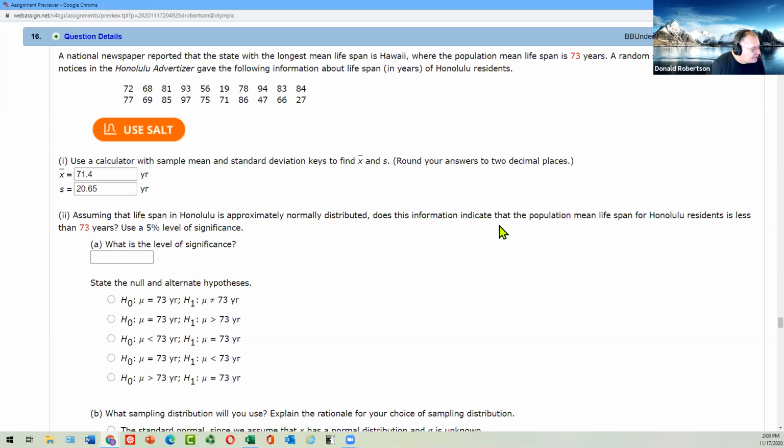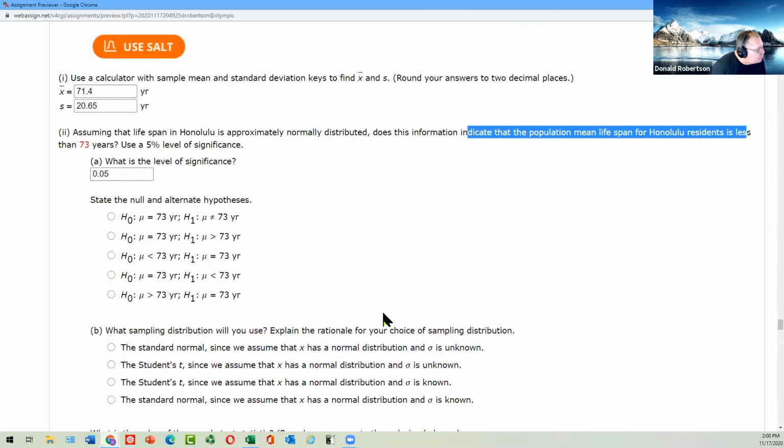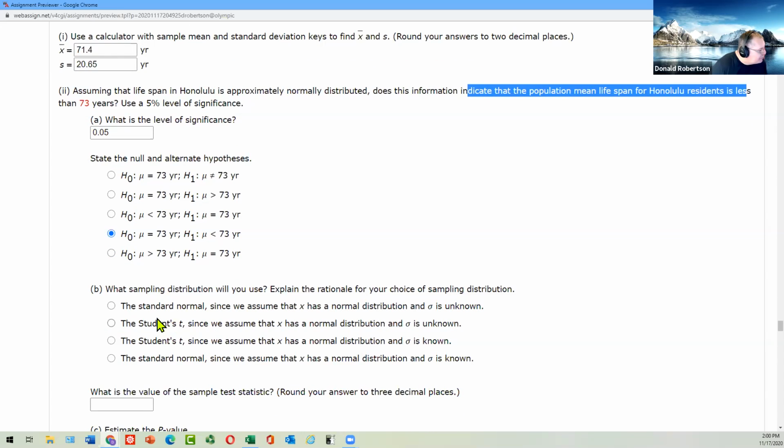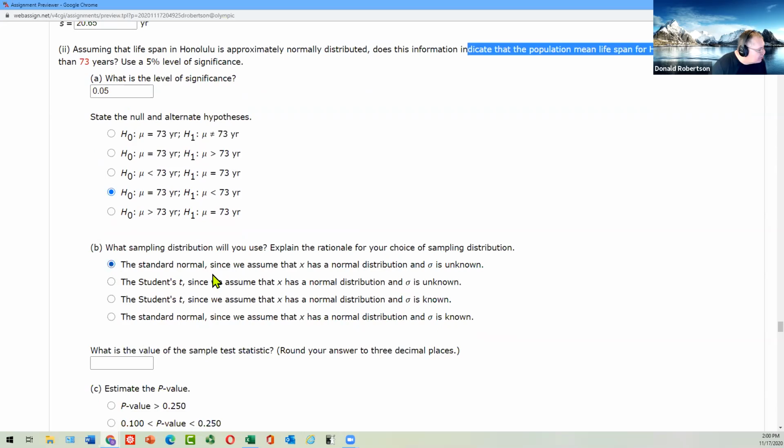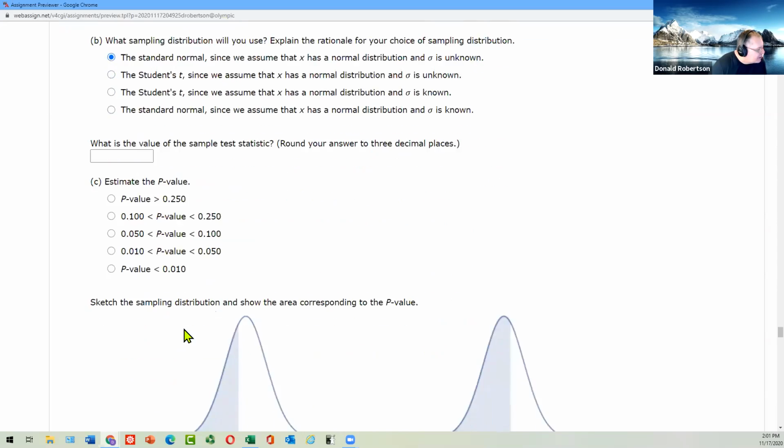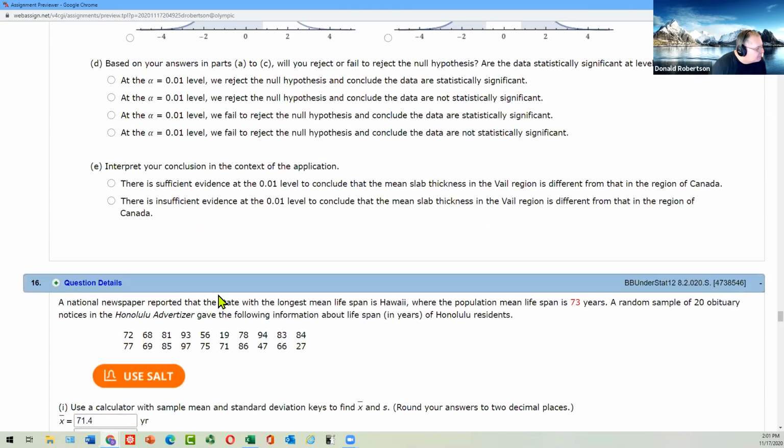And the significance level in this story is 5%. We're looking for whether the population mean is less than 73. So less than 73 makes it that one, right? And the usual answer, because they're all the same, that one. And the rest is going to come from SALT again.